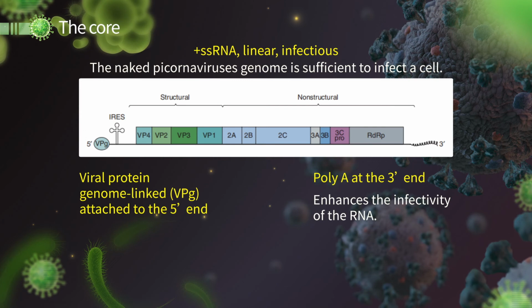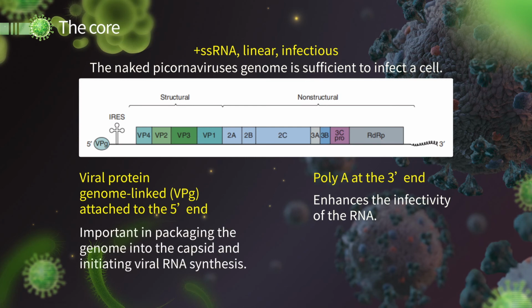The poly-A sequence enhances the infectivity of the RNA, and the VPg is important in packaging the genome into the capsid and initiating viral RNA synthesis. The genome encodes structural and non-structural proteins. In addition to the capsid proteins and the VPg, the picornaviruses encode at least 2 proteases and an RNA-dependent RNA polymerase.